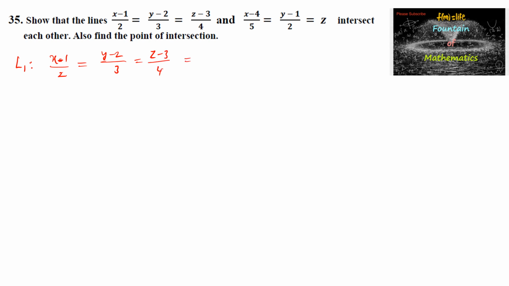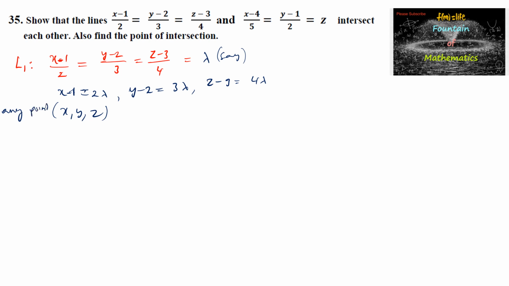Let us consider it equal to some lambda, so that any point on the line we can write x minus 1 is equal to 2 lambda, y minus 2 is equal to 3 lambda, z minus 3 is equal to 4 lambda, that is x comma y comma z, any point on line L1 we can write it as 2 lambda plus 1 comma 3 lambda plus 2 comma 4 lambda plus 3.